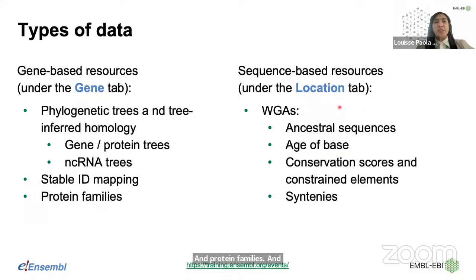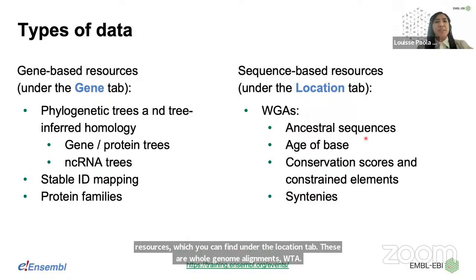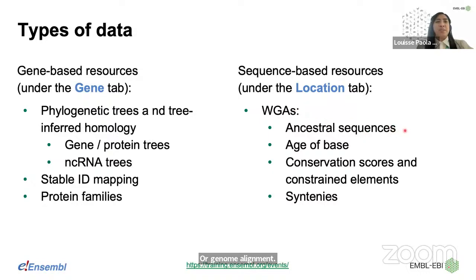And for the sequence-based resources, which you can find under the Location tab, these are whole genome alignments, or WGA, which help us infer any ancestral sequences, any statistical information such as conservation scores across different elements. And this is also where you can find any synteny information.